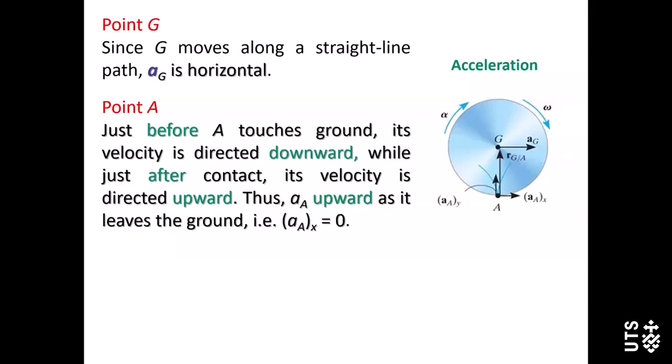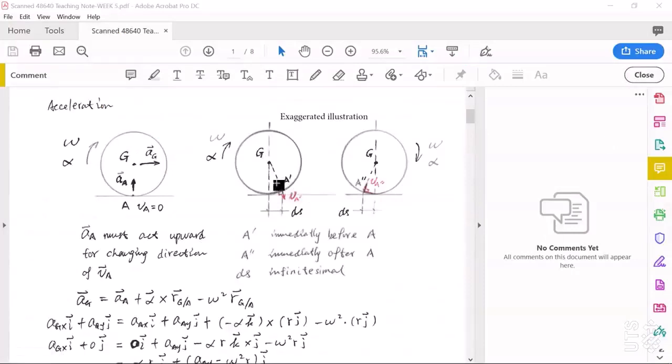But why? Let's look at this diagram. Here, a rigid body is rolling forward, and we assume its angular acceleration and angular velocity are both clockwise. Okay, look at two points.